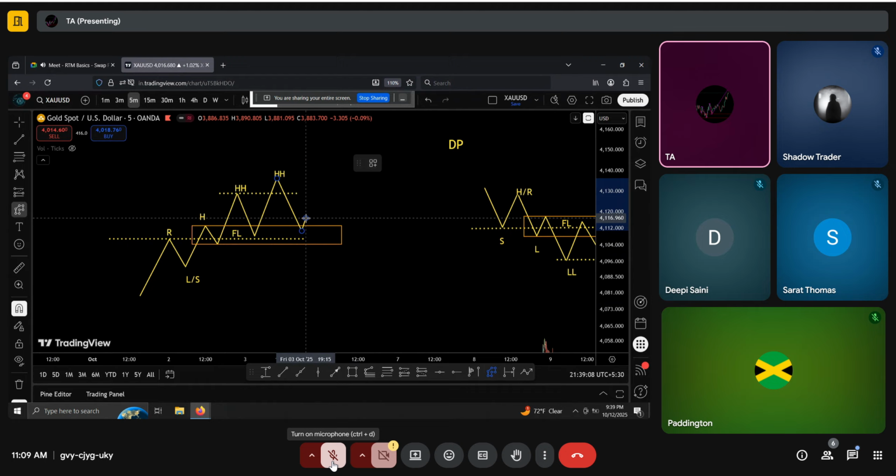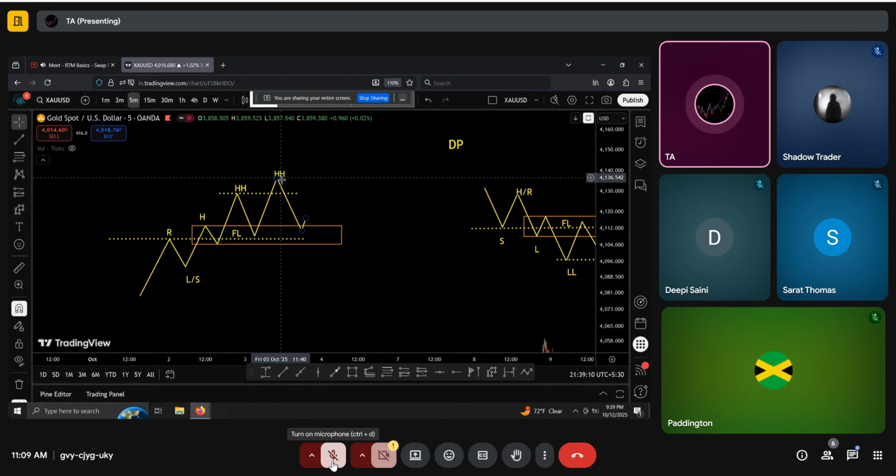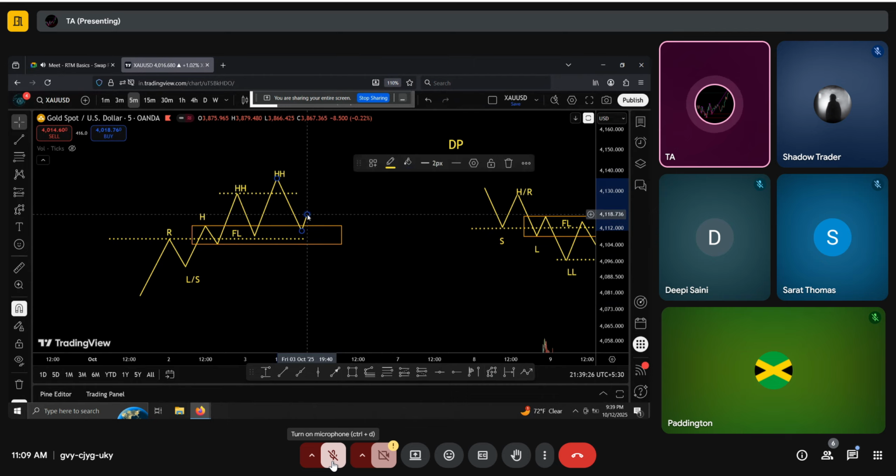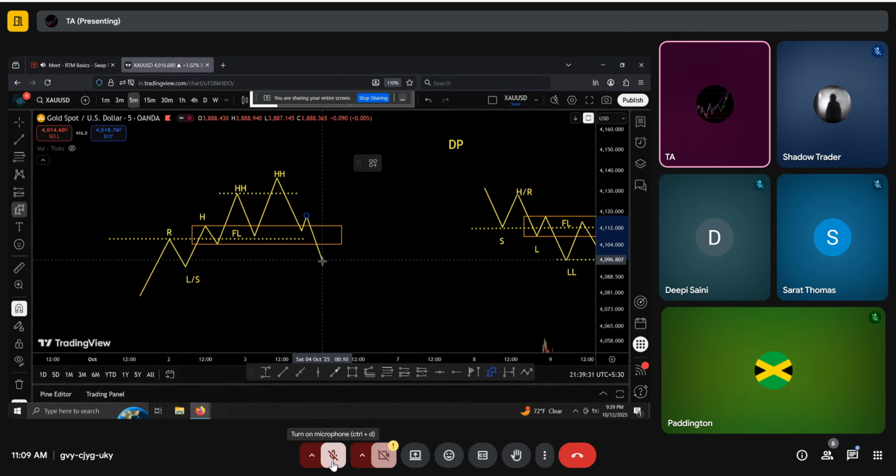pulls back. So whenever price comes back to this FL, here market movers have to decide if they want to push the price back again to the upside, or they want to break the price to the downside, right?